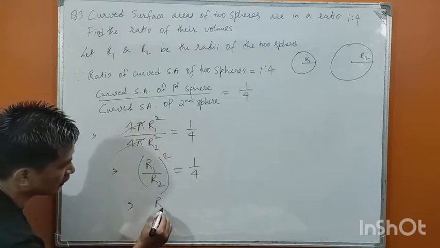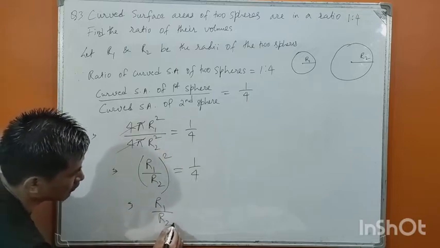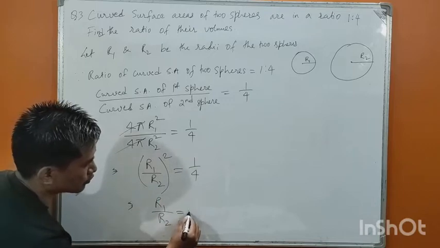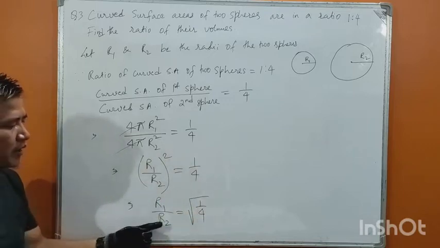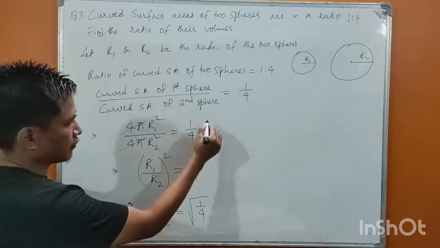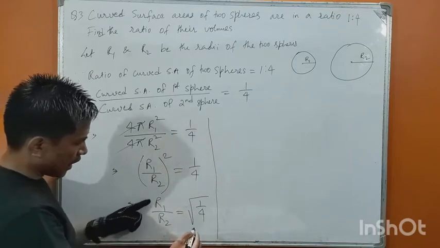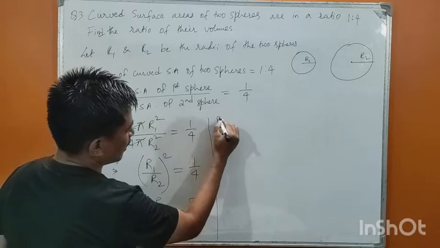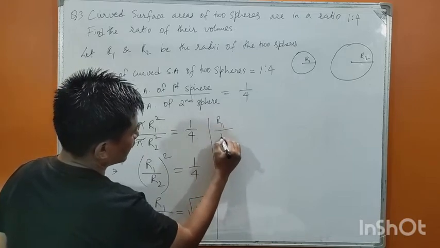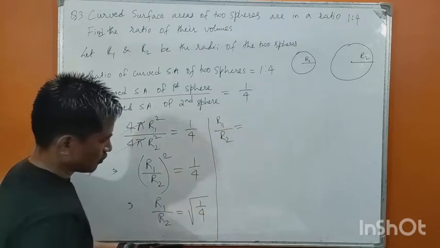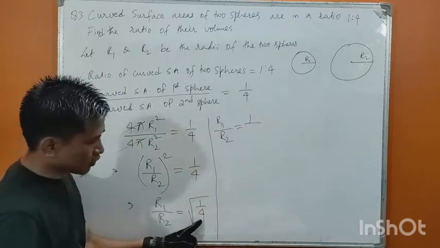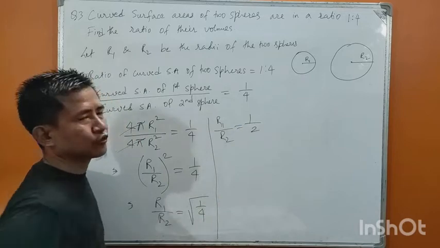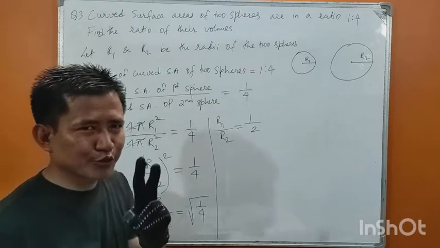What happens? The square becomes root under. So R1 by R2 is root under 1 upon 4, which means R1 by R2 equals root 1 is 1 and root 4 is 2, isn't it?